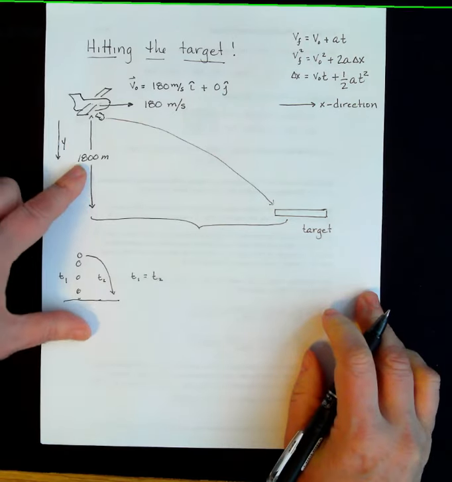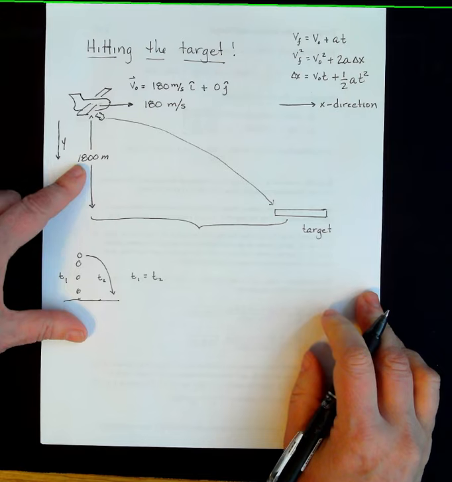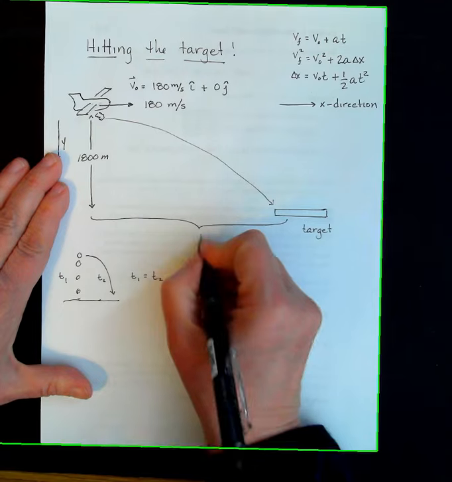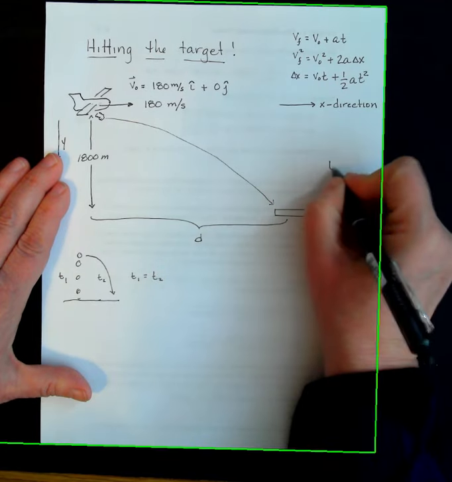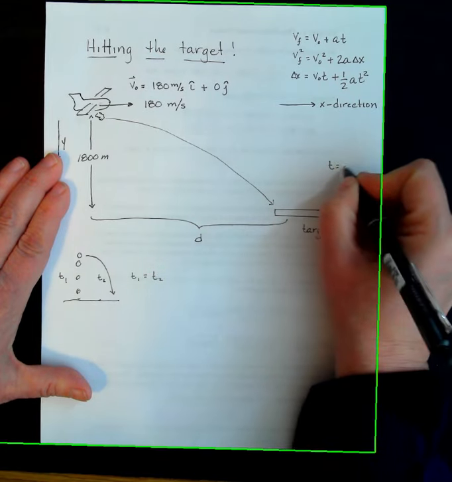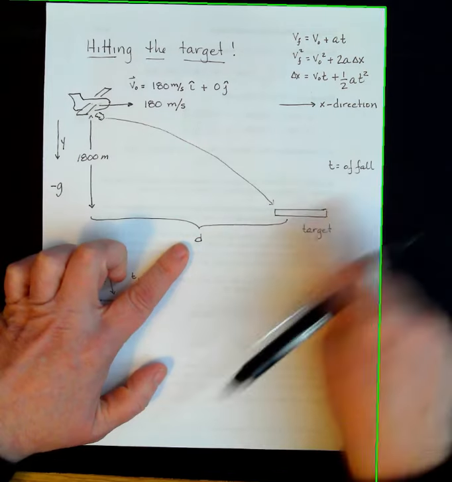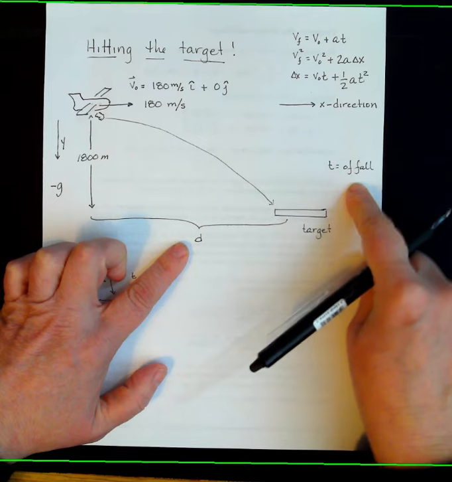Well, I've been given the height that it's going to fall. I've been given the initial velocity, but I haven't been given the distance, nor have I been given the time of fall. So I have two different unknowns, the time of fall and the distance.